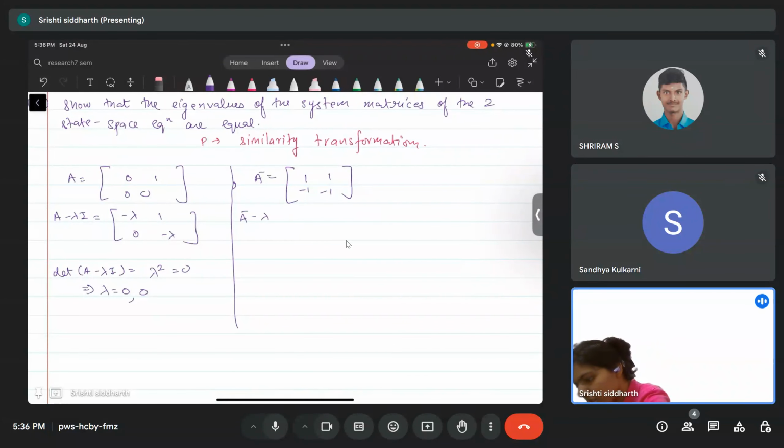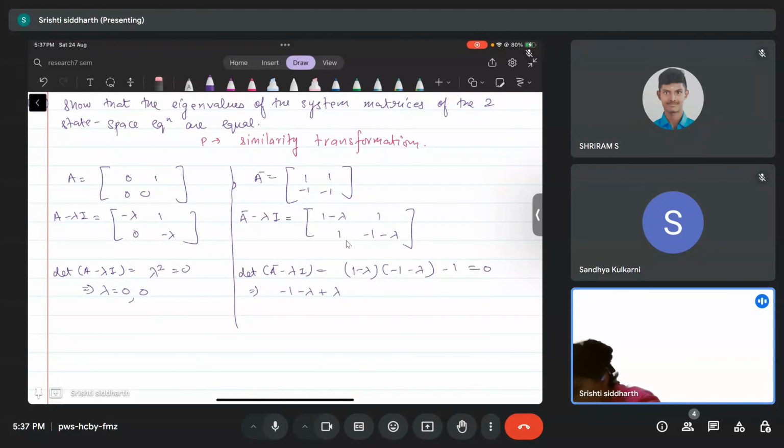And for A bar, we have 1 minus lambda, minus 1 minus lambda, plus 1, which gives lambda square equals 0.